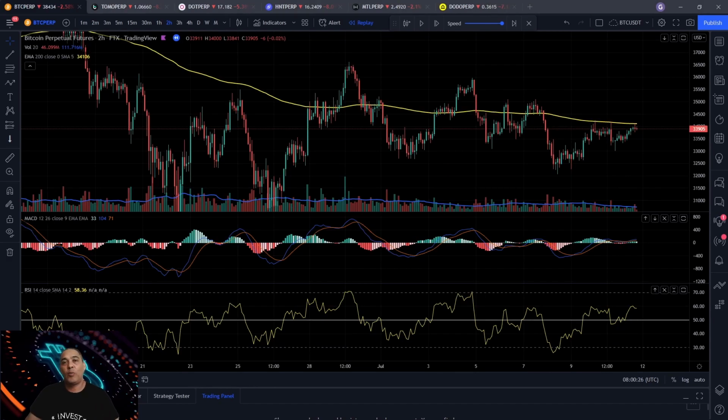In this bearish example, we can see that BTC is forming lower highs and lower lows, and currently in a downtrend. Pull out my trend line.